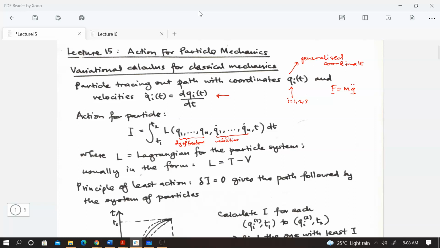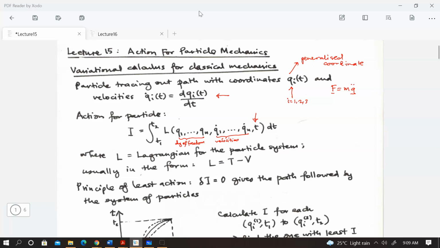And you also allow your Lagrangian to be dependent on time in general, but in this particular case we probably concentrate more on the one which is not explicitly time dependent. But never mind. The idea of an action essentially is this: you integrate this Lagrangian function with respect to time over a certain interval.